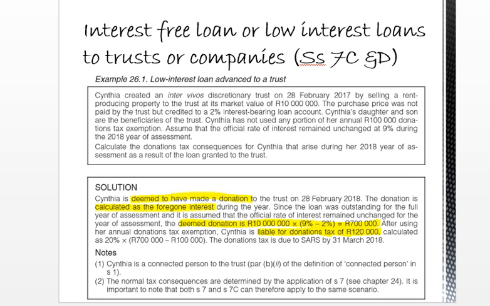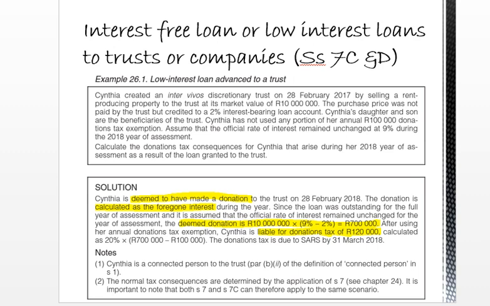So we want to calculate the donation tax consequences for Cynthia that arise during her 2018 year of assessment as a result of the loan granted to the trust. Basically, Cynthia created a trust for her daughter and her son, who are the beneficiaries of this trust, and she sold a rent-producing property to the trust to the value of 10 million rand.